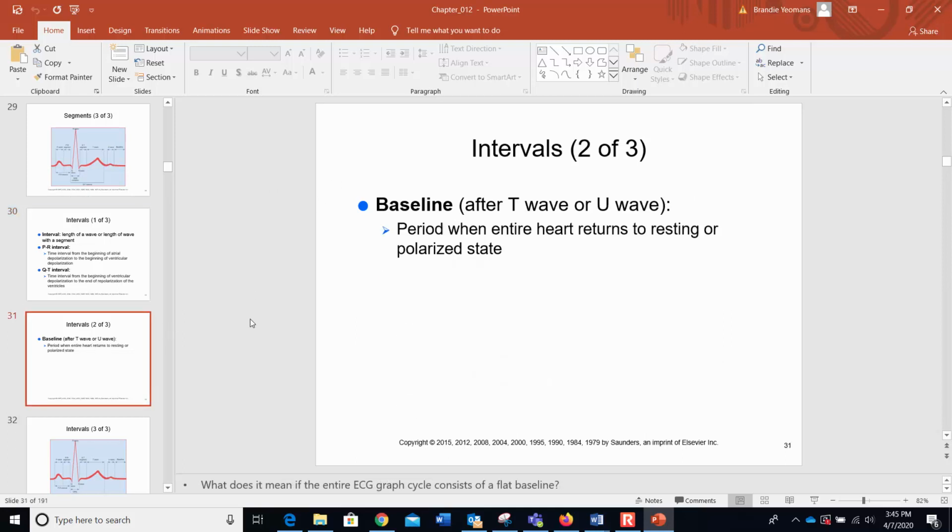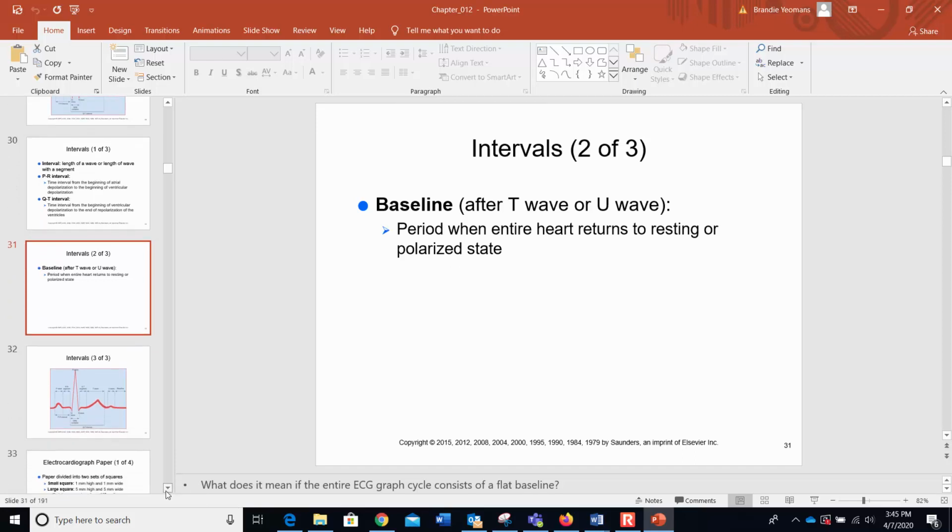Then we go back to our baseline, after that T wave, where the heart's just resting. Remember, that resting period is called the polarized state.